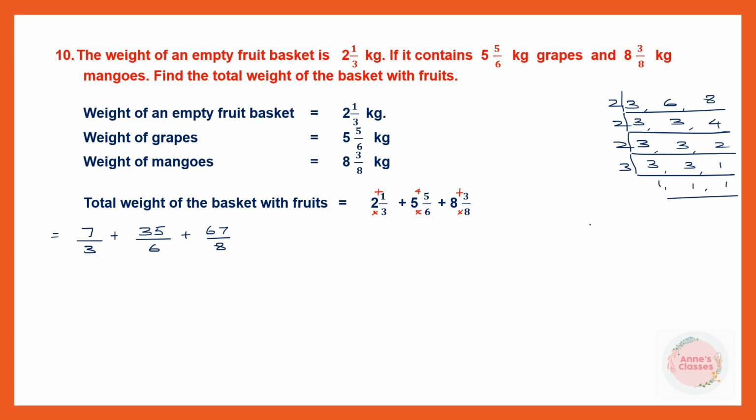Now let's find the LCM. LCM will be 2 into 2 into 2 into 3. 2 2s are 4, 4 2s are 8, 8 3s are 24. So the LCM is 24. So let's use that LCM here to find the new numerators. Now we can use any method.